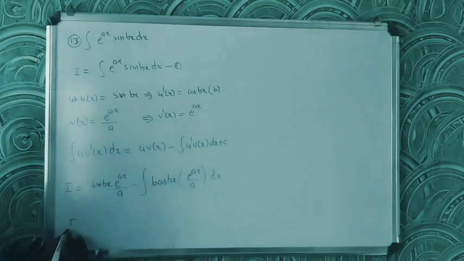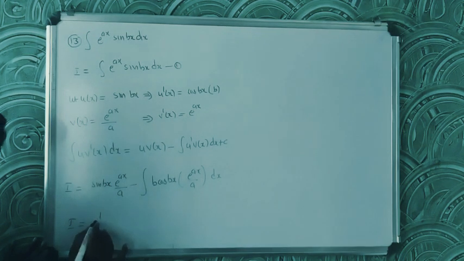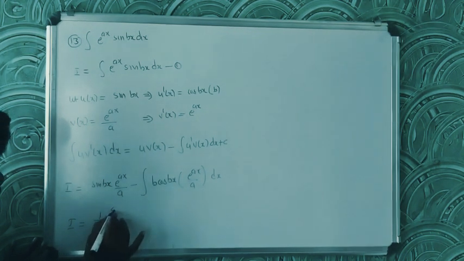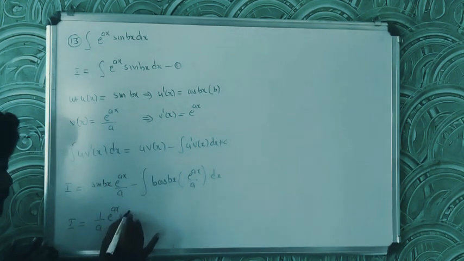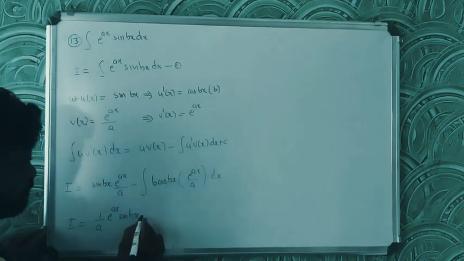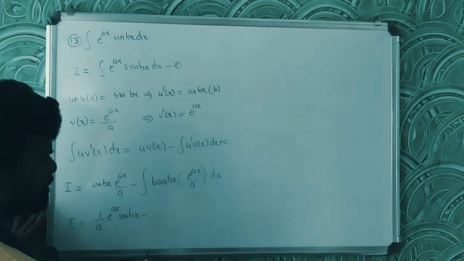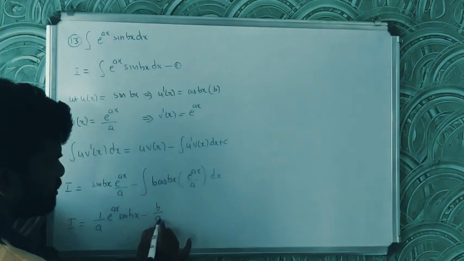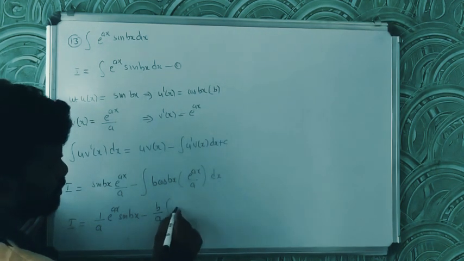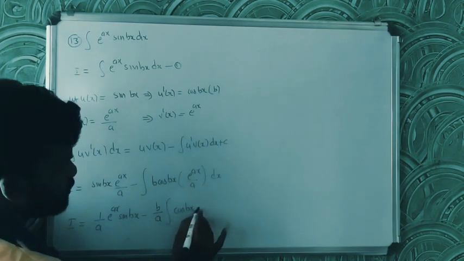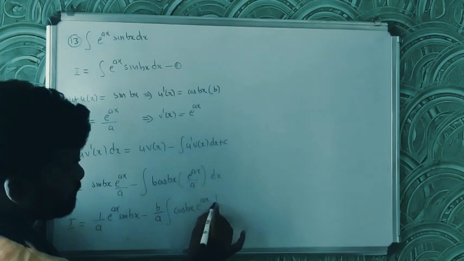So I is equal to 1 by a into e power of ax into sin bx minus b by a, since b and a are constants, b by a is the constant remaining, into integration of cos bx into e power of ax dx.